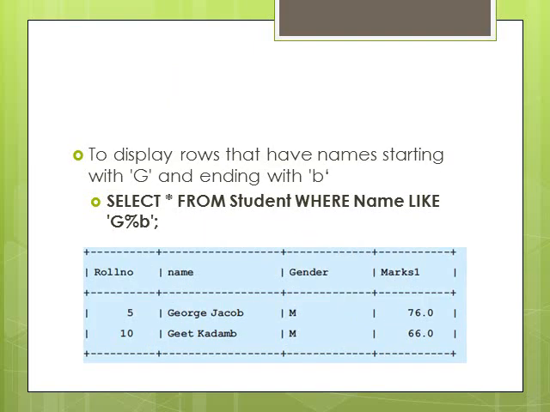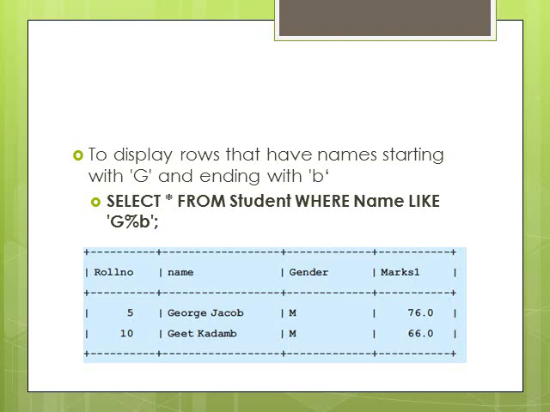Another example is to display the rows which have names starting with capital G and ending with small b. The query will be select star from student where name like G%b, means the first letter should be capital G and the last character should be small b.